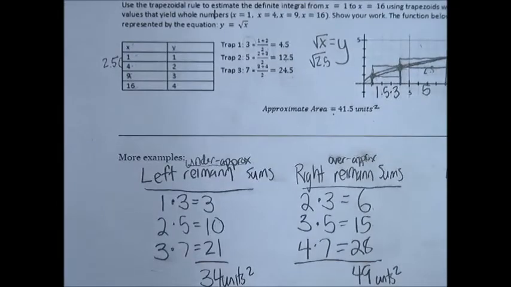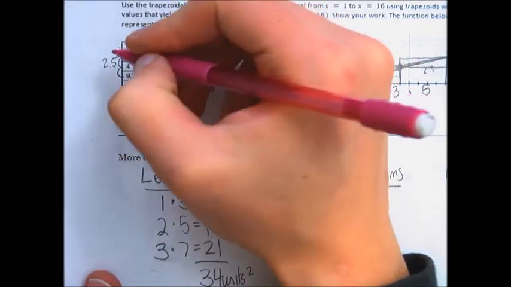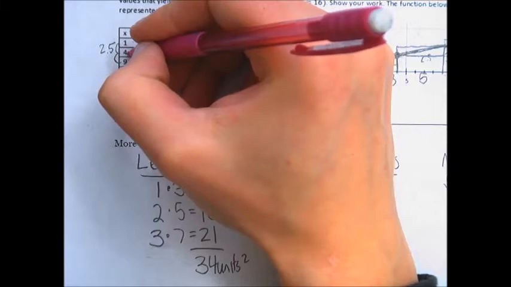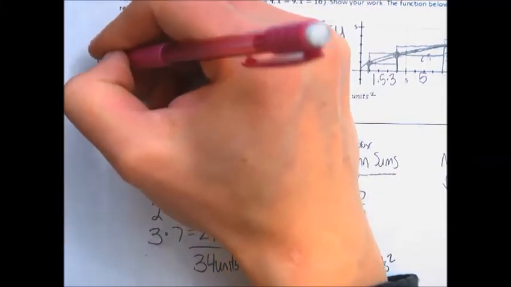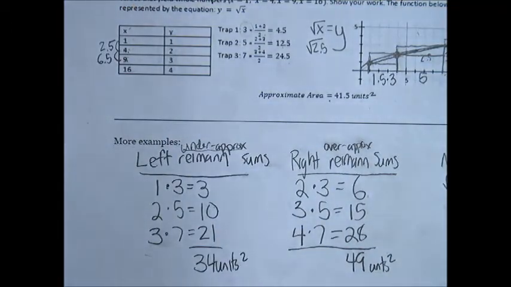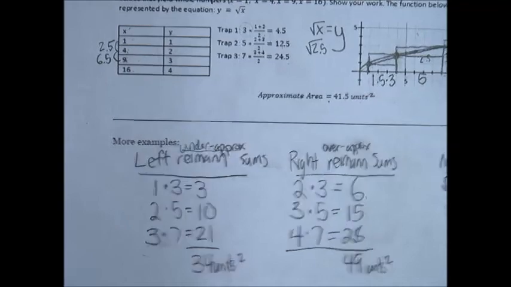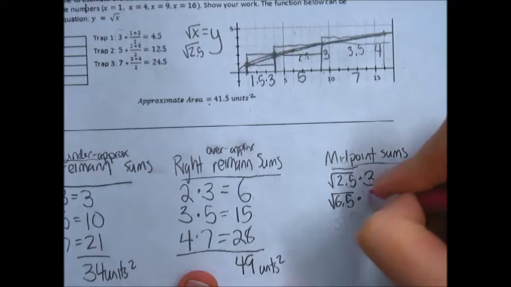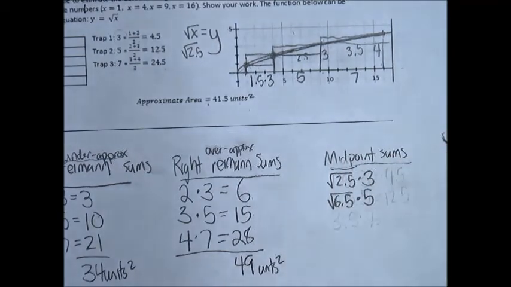On the second interval, my midpoint between 4 and 9 is 4 plus 9 divided by 2. 13 divided by 2 is 6.5. So 6.5 is the midpoint there. And so I'm going to get the square root of 6.5 as my height. And I'm going to multiply by 5 because that's the width of the box.